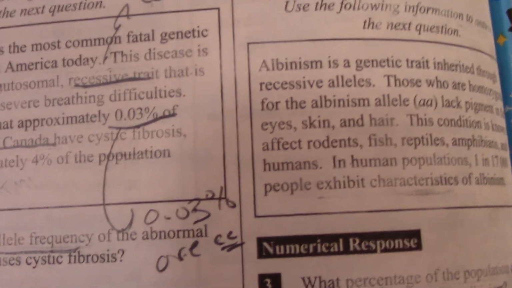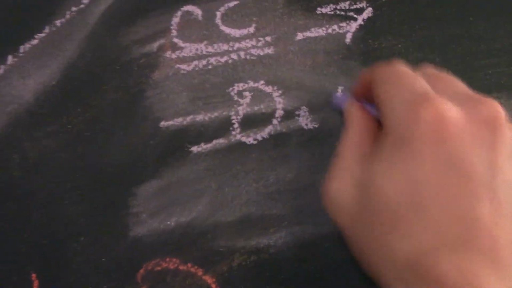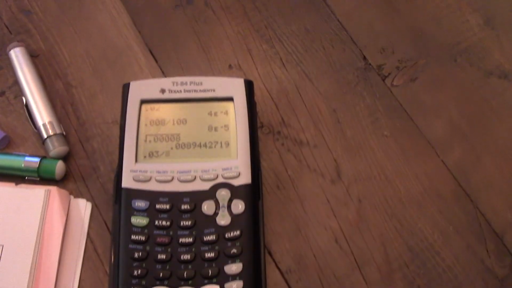And it's asking me to solve for Q once again. So little c is, if we go back to the question, 0.03%. It gave me the amount of heterozygotes, but I don't need to use that because I don't need to find anything with P. So 0.03%, and then let's change that to a decimal, right? So 0.03 divided by 100. All right, point.